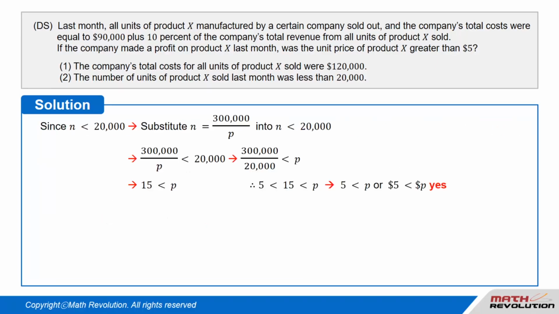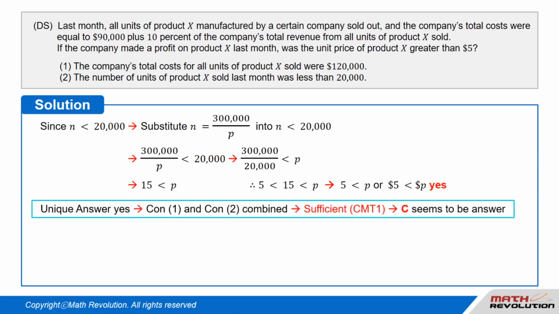Since N is less than 20,000, we substitute N equals 300,000 over P into N is less than 20,000 and get 300,000 over P is less than 20,000. 300,000 over 20,000 is less than P, that is, 15 is less than P. This means that $5 is less than $15 is less than dollar amount P. So, 5 is less than P, or $5 is less than dollar amount P, and we get yes as the answer.